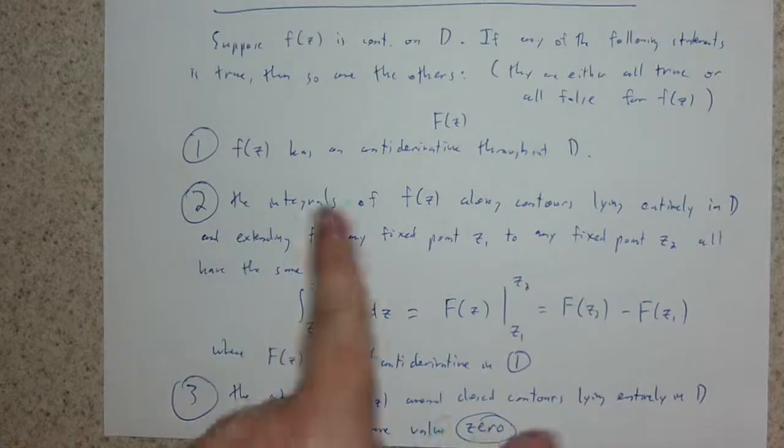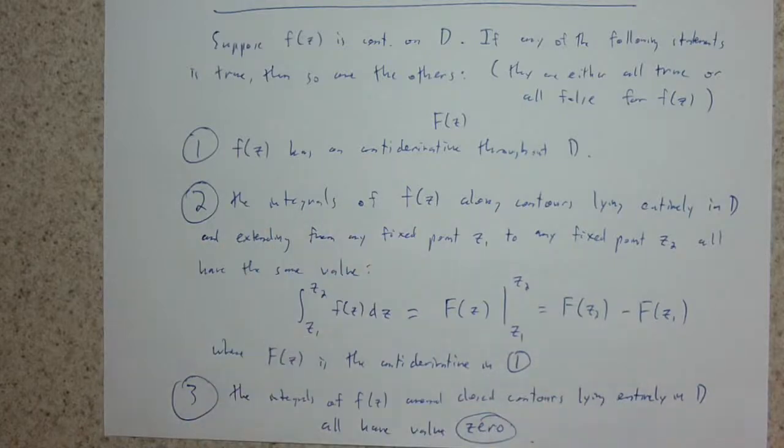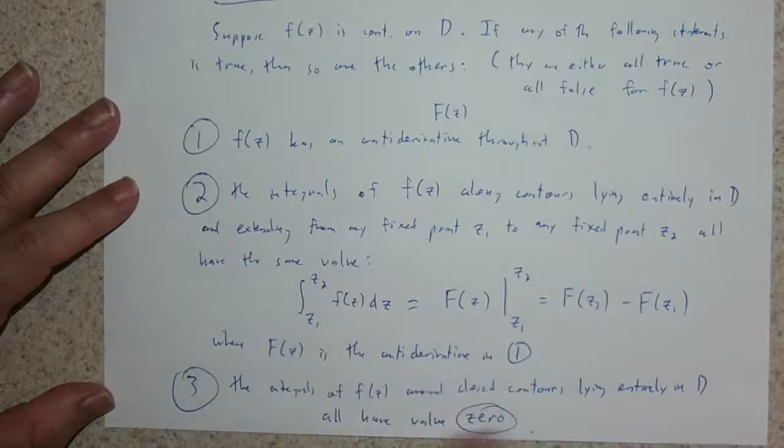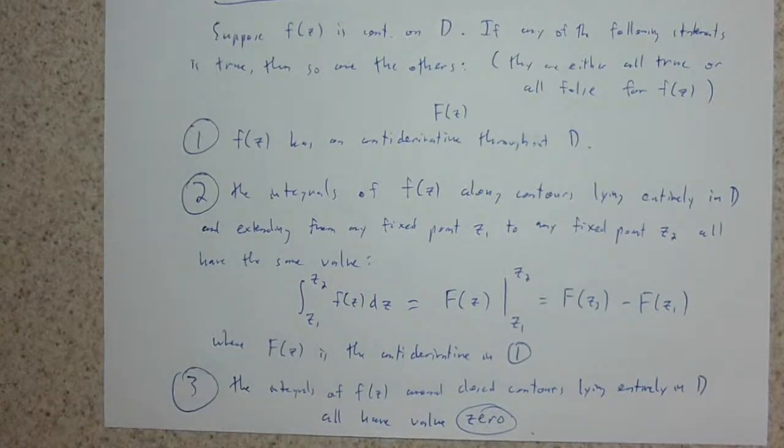But this provides us with one answer. If f has an antiderivative, we have this nice fact of being able to compute these contour integrals really, really easily. And the other thing that this tells us is that if it has an antiderivative, then this answers the question of one condition that we can have on a function that guarantees the contour integral around closed contours is 0. So this is one such condition.